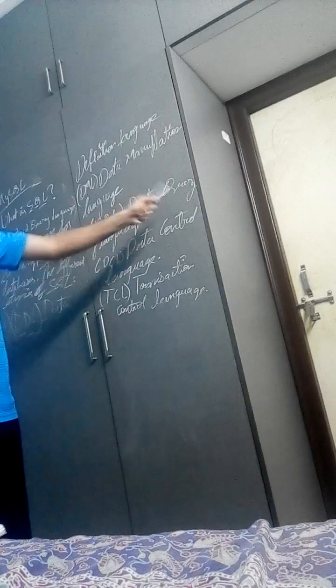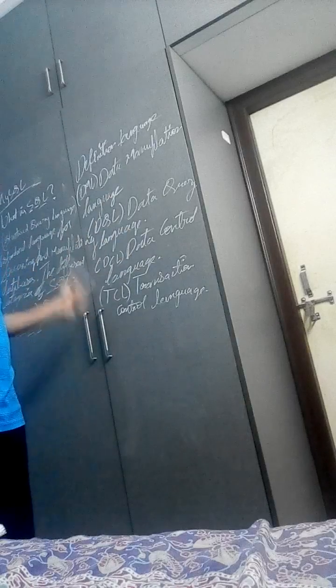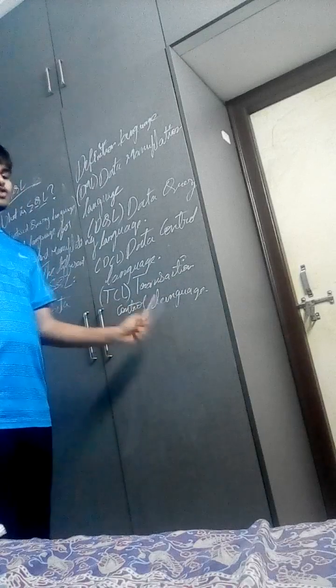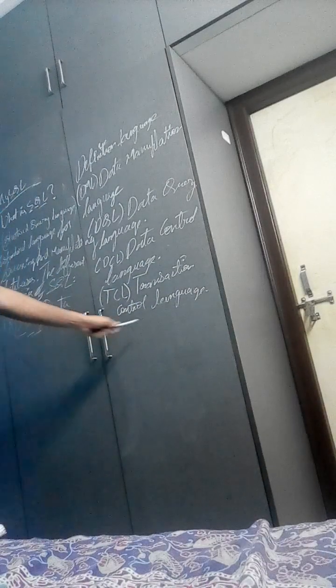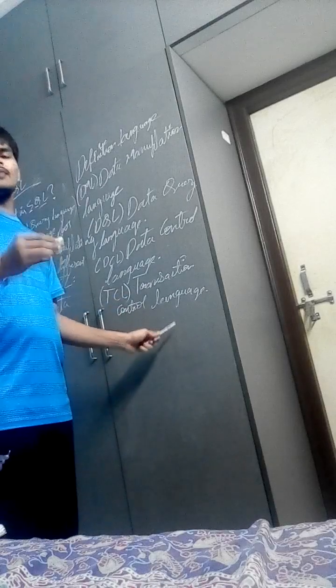So, what is SQL? Structured query language, a standard language for accessing and manipulating databases. The different categories of SQL are DDL, data definition language; DML, data manipulation language; DQL, data query language; DCL, data control language; TCL, the new language, transaction control language. So this is the meaning of SQL and the types of SQL.